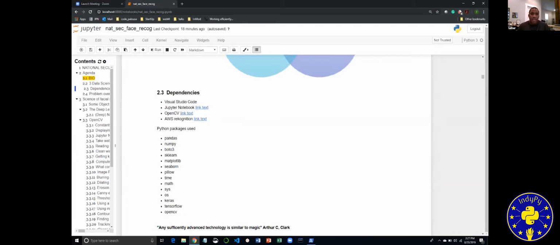Python packages used generally. We're going to use pandas for data frames, NumPy for arrays and mathematical modeling. Boto3 is really the big one for interacting with the AWS CLI, AWS command line, and also the AWS infrastructure in the back end.